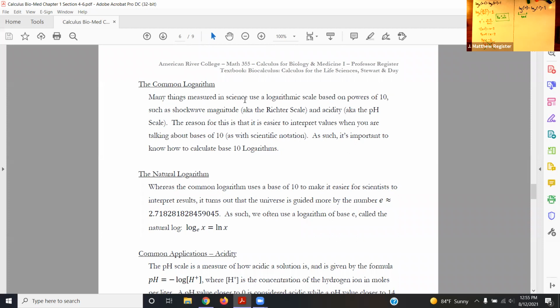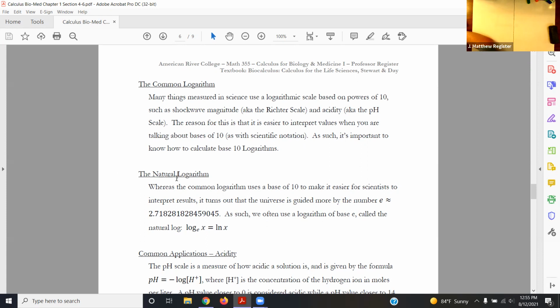The Richter scale, which is how you measure earthquakes, typically uses the base of 10, though I feel like that might have changed over the last 50 years or so. Originally, it was a base 10. So a 7.0 would be 10 times that of a 6.0, and so on all the way up.